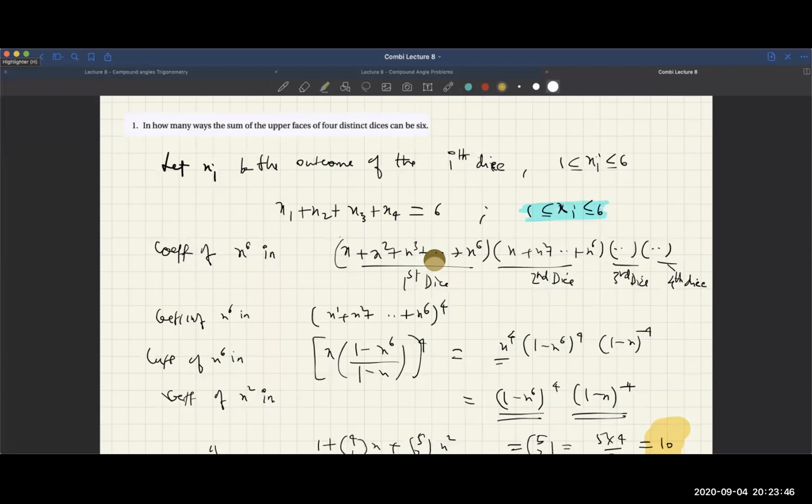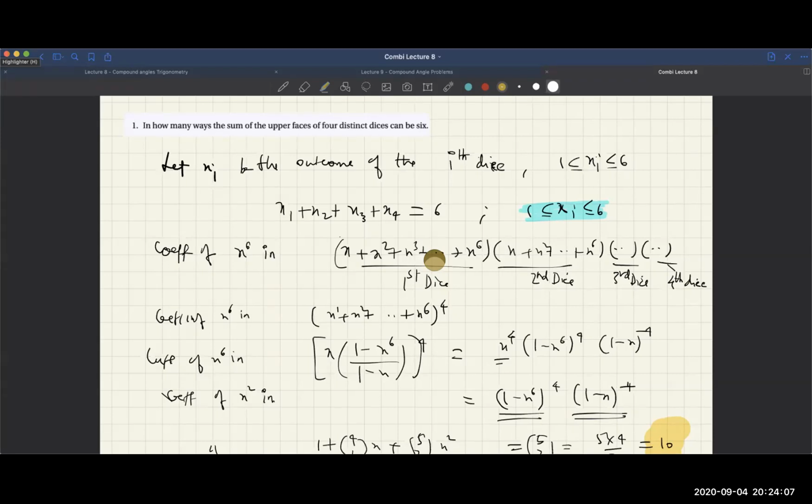Why smaller than 3? Because if we take x2, x3, and x4 as 1, then x1 would be 3, and that would be only one possibility. Oh, that will be very tedious, no? Yes, sir. That won't be satisfying actually.